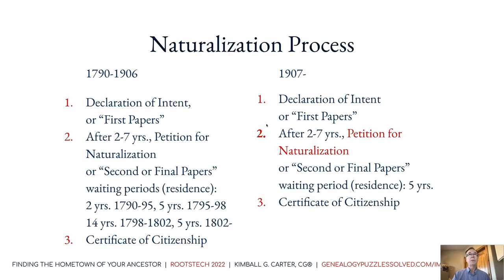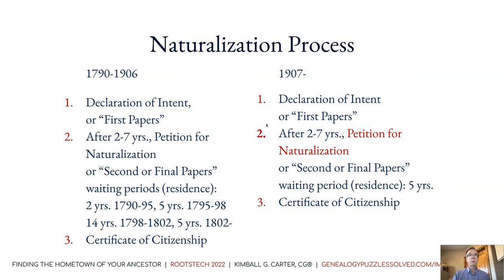Great information. The process. So 1790 to 1906, you still had these three steps: declaration of intent, petition for naturalization, and certificate of citizenship. The only real difference was the timing between some of these, and typically it was about how long you had to be a resident.